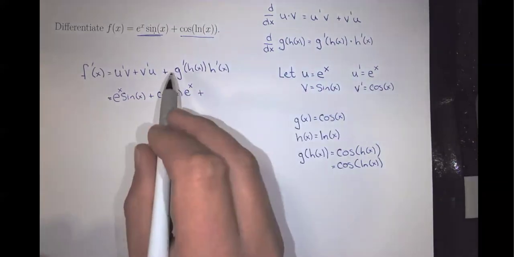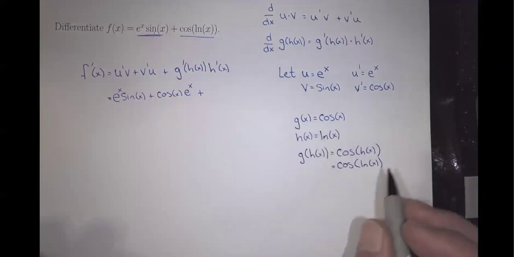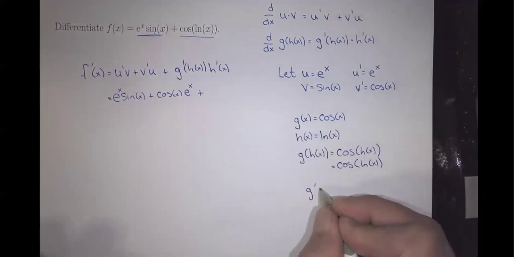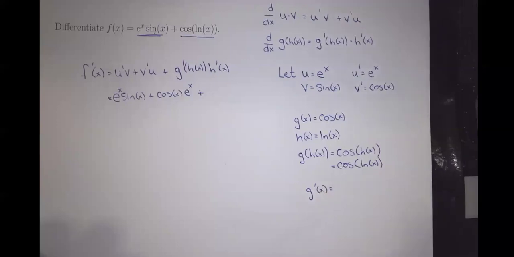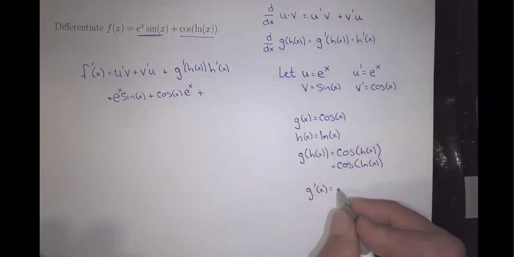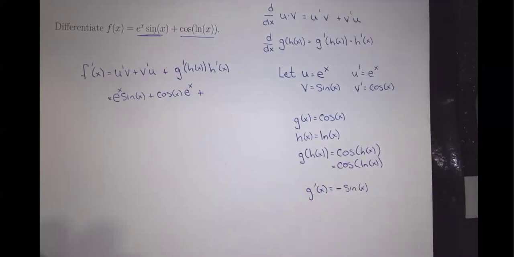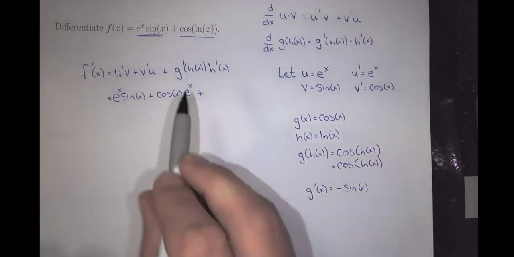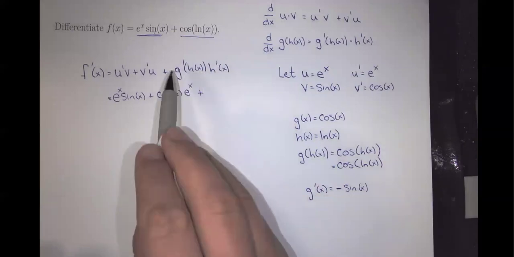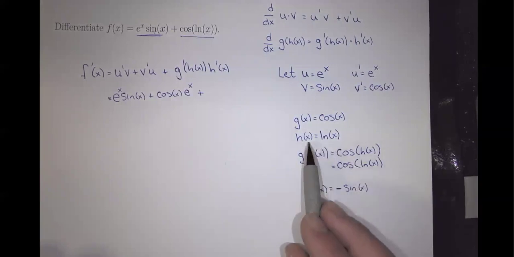plus, now we don't know what g prime is. We do know what g is, so we can figure out g prime. So knowing what g is, g prime is the derivative then of cosine x, which is negative sine of x. Okay. So we now know g prime of h of x is g prime of x with h of x anywhere you see an x.